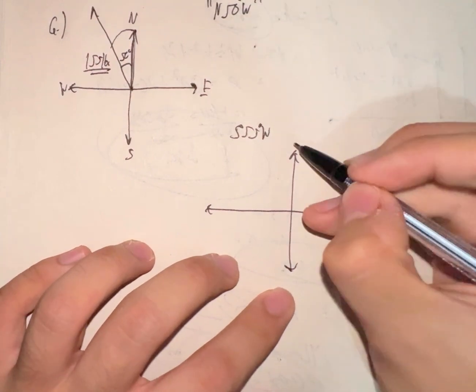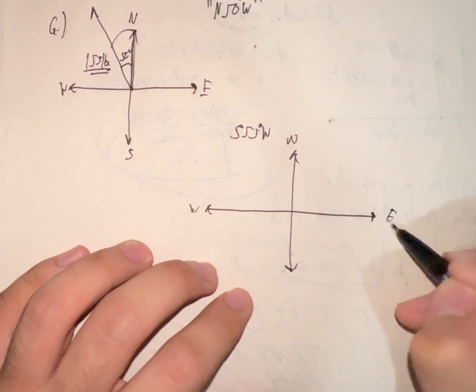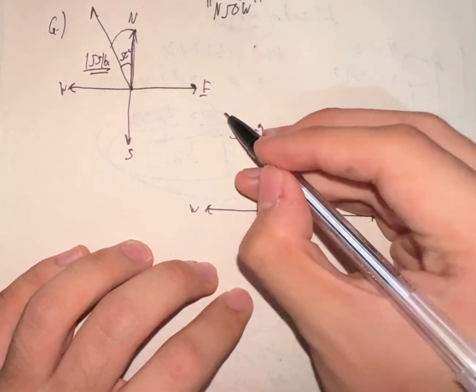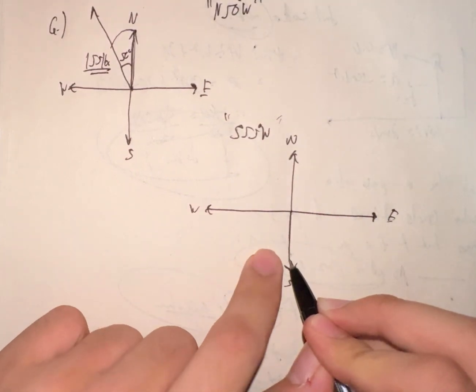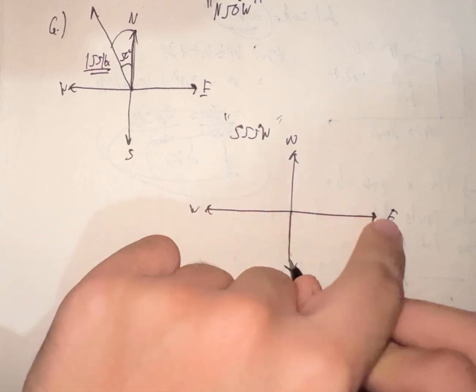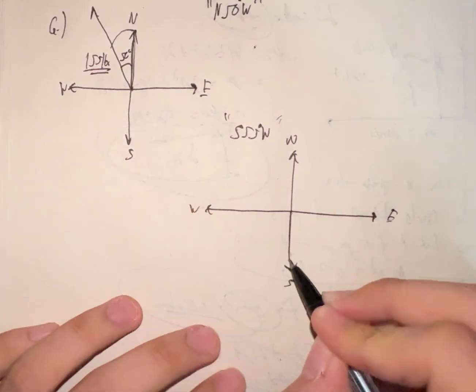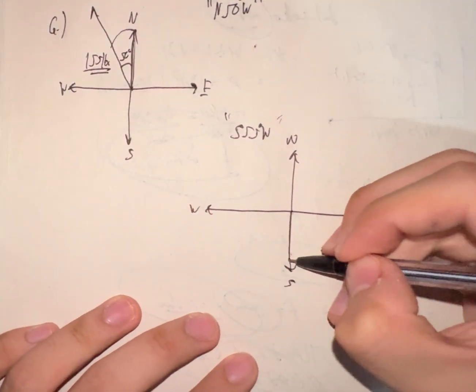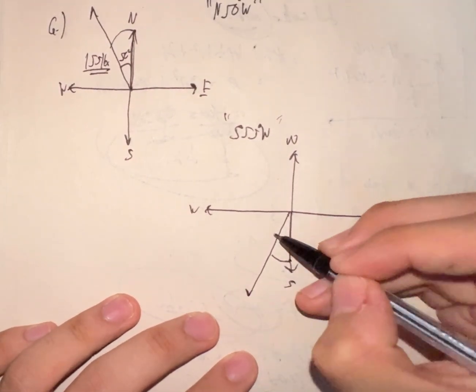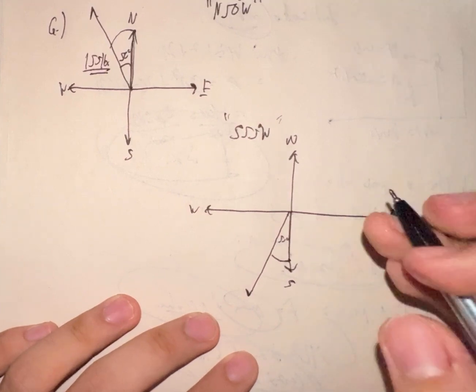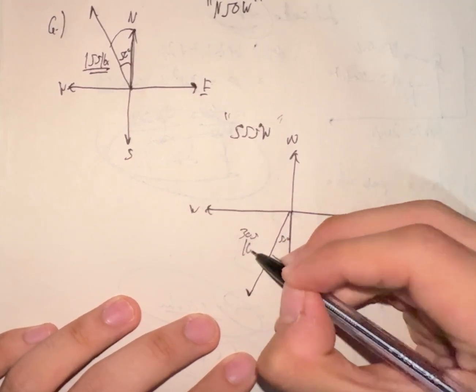South 55 degrees west: we start from south here. Which one here is west? Obviously this one, it's just W, so it's west. So 55 degrees there, with a magnitude of 305 pounds.